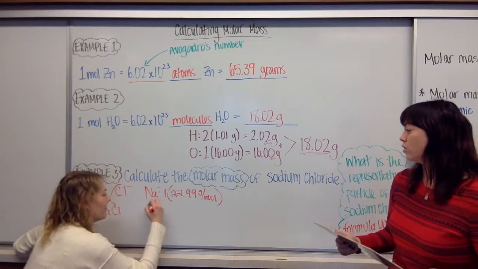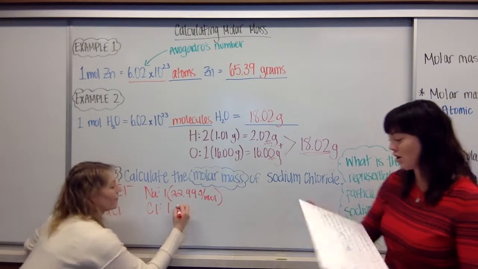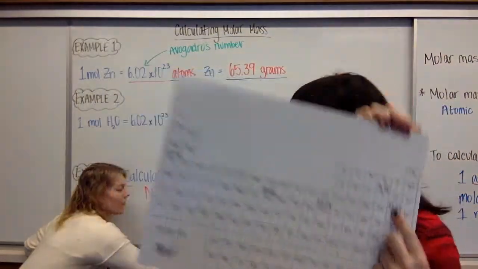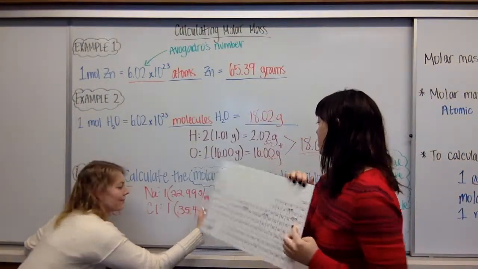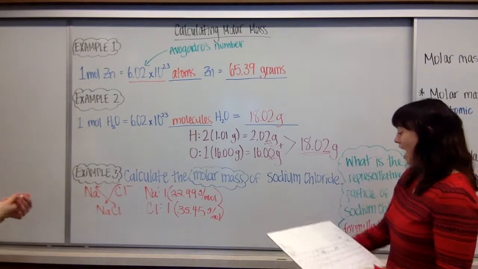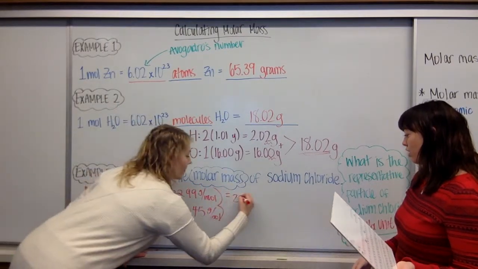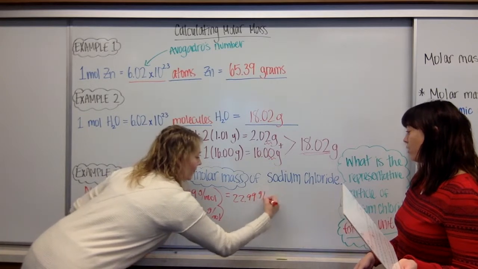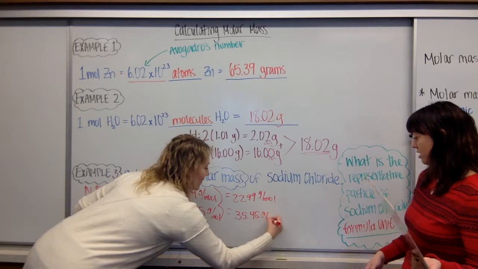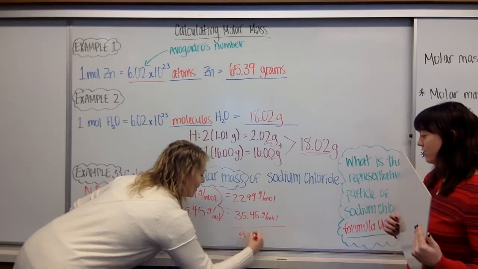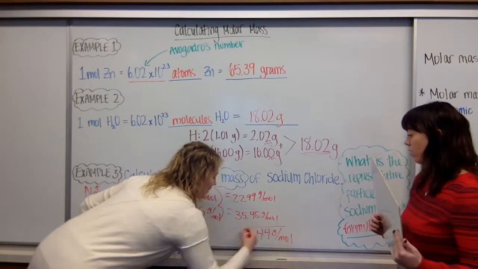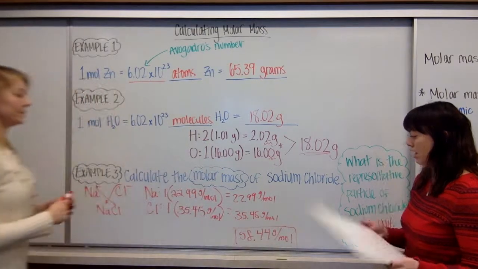Then we have chlorine, one of those also, 35.45 according to our periodic table, grams per mole. And if we add those together, we are going to get 58.44 grams per mole. And that would be our answer that we would end up boxing.